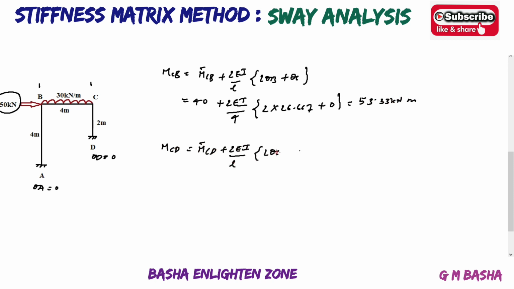Similarly, MCD, the column, will be M bar CD plus 2EI by length of CD into 2 theta C plus theta D minus 3 delta by L. We know that theta D will be equal to 0 because of the fixed end. M bar CD also will be equal to 0 because there is no force acting here.